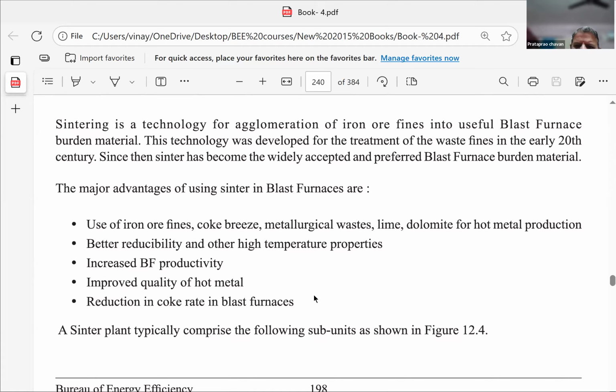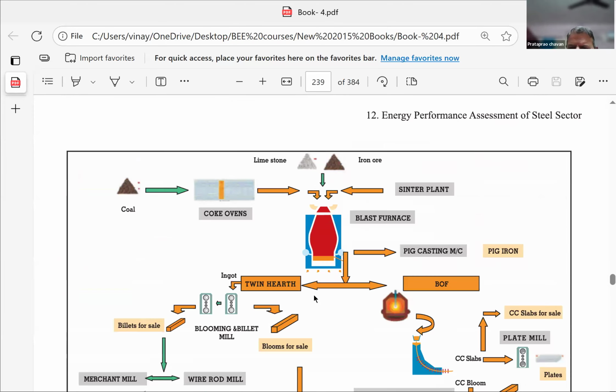That is sintering, and that is why you will find the word sintering here. See, the output of the sintering plant. What is the sintering plant doing? It is aggregating, accumulating all the dust particles into one, sticking together, forming a small stone size. And that sinter then goes as a feeder material.